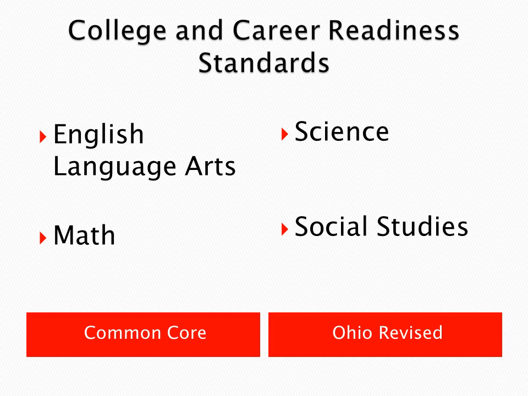So the Common Core standards in English Language Arts and math and the Ohio Revised standards in science and social studies are now together, and they're all called Ohio's New Learning Standards. So when you hear Ohio's New Learning Standards, or ONLS, because we like acronyms for things in education, ONLS is all 4 content areas: English Language Arts, math, science, and social studies.